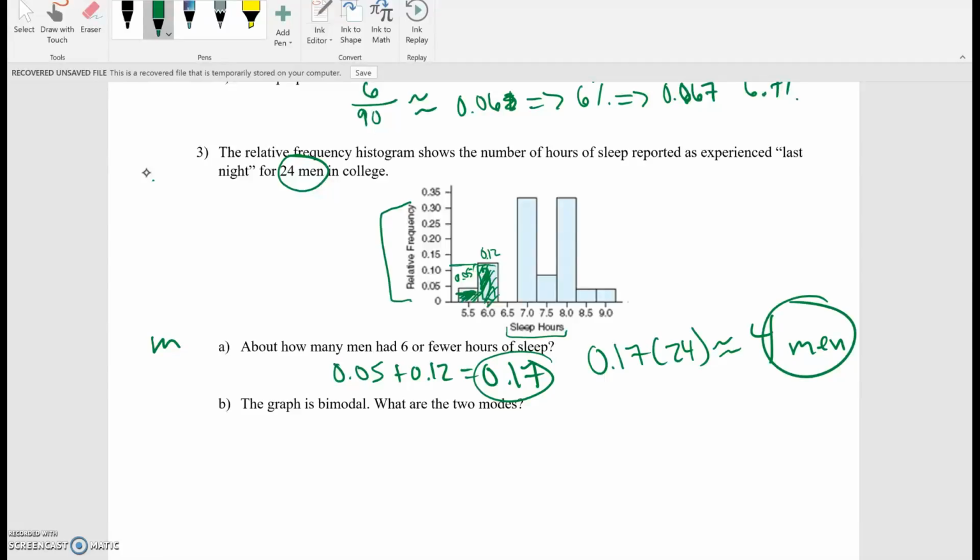My last question: the graph is bimodal. What are the 2 modes? Which ones are the most frequent? We will talk about modes a little more. It seems this one and this one have approximately the same percentage, so this would be 7 and 8. So 7 and 8 are my 2 modes. That will conclude the numerical, and then we'll do the categorical in the next video.